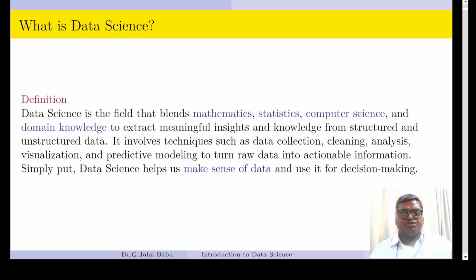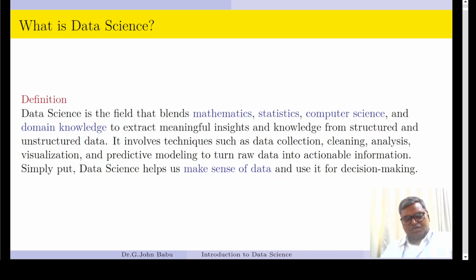So data science involves tasks like data collection, how do we collect the data, then cleaning the data, which means removing the abnormalities, anomalies, and analyzing the data, presenting it for a visual representation of the data, and prediction from the existing data so that from the data we can get some actionable information.